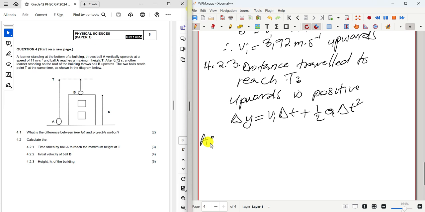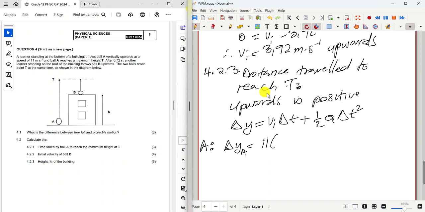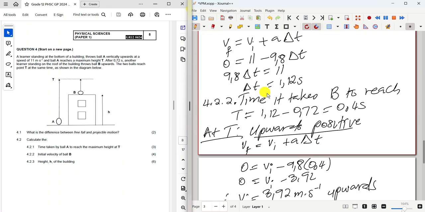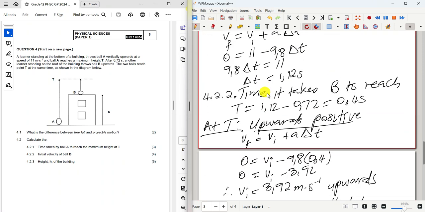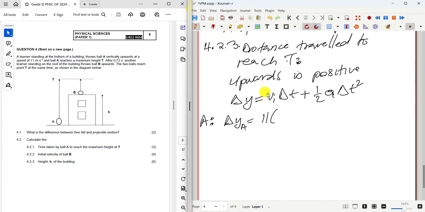So for object A, in place of delta Y, we will just simply say delta Y sub A. Initial velocity for object A was 11 meters per second going up. We said it took 1.12 seconds to reach maximum height. And acceleration, we said upwards is positive, so it's going to be negative.